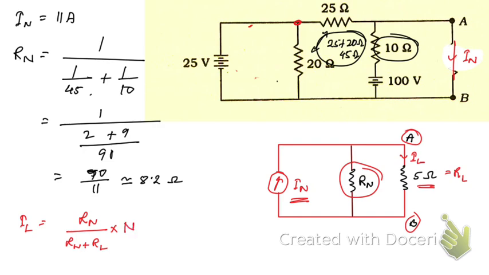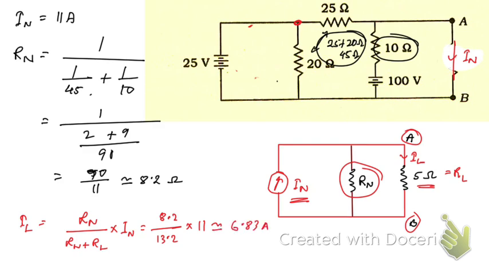Remember this formula. If we put the values, we get 8.2 by 8.2 plus 5, which is 13.2, into In, which is 11. If you calculate this, you get approximately 6.83 ampere.